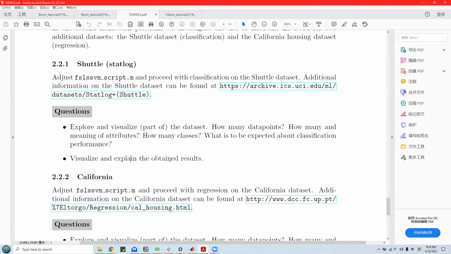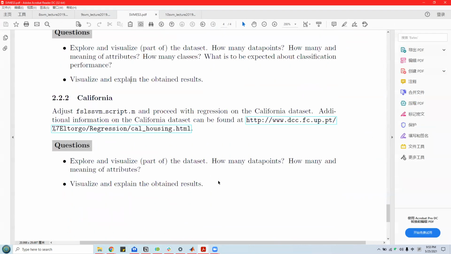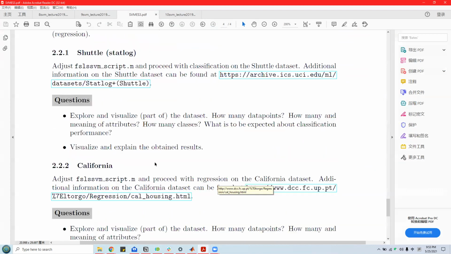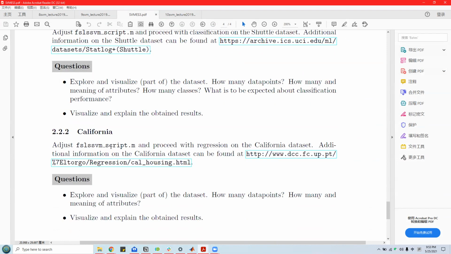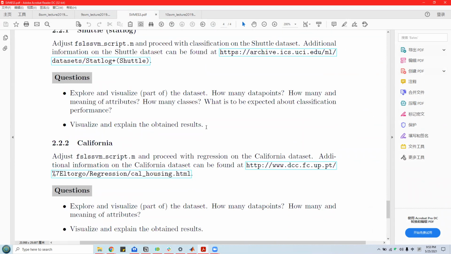Maybe. Yeah. You mean the California dataset? Because for those two, Shuttle and California, they are exactly the same question, right? So do we really need to try to improve the performance of this, or do we just leave the parameters? I think we can just leave it there.